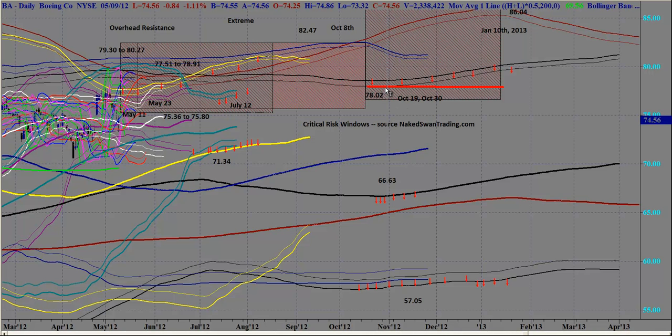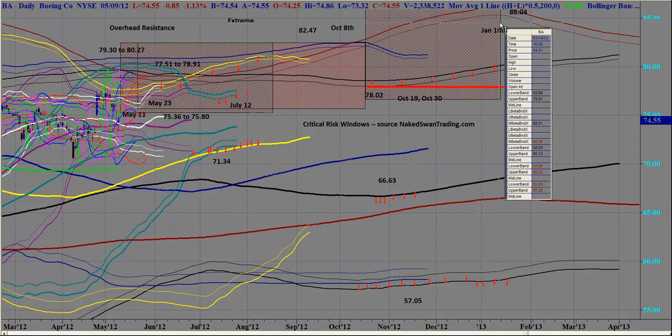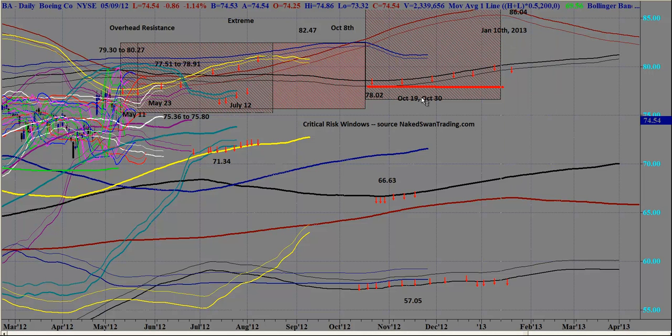I'm not indicating that it has to be that date, because that window exists going into January 14th, which basically means that the window represents the start date of when acceleration begins, not the end date. So breaking below that level, you're going to have a sustained down move well into next year.